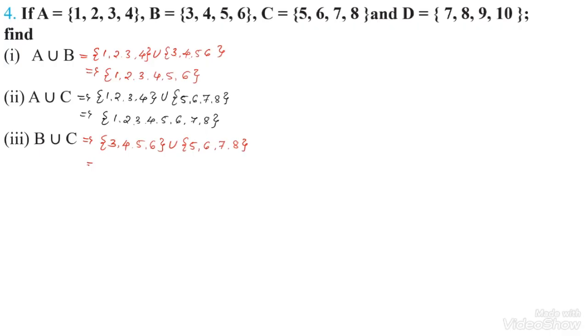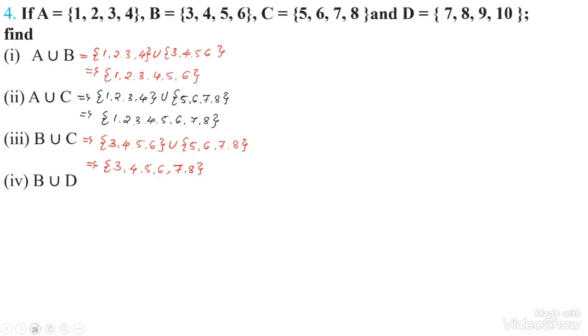Okay, now I have to check the B union C. The elements of set B are 3, 4, 5, 6. Here the elements of C, 5, 6, are already there. I have written only once. So the elements 7, 8. Okay. B union C is 3, 4, 5, 6, 7, 8.